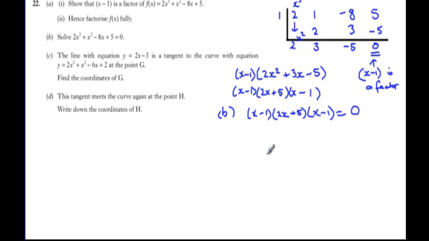Make this equal to 0, and this means that x minus 1 could equal 0, 2x plus 5 could equal 0, or x minus 1 again would equal 0. We're then getting x equals 1 twice, a repeated factor. And 2x plus 5 equals 0 gives 2x equal to negative 5, x is equal to negative 5 over 2. So that's us solved the polynomial equation.